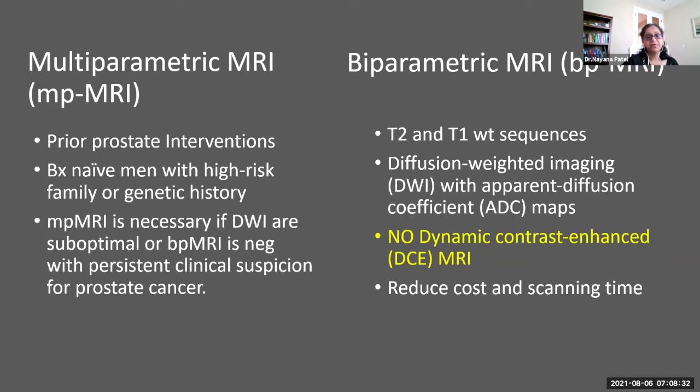Multiparametric MRI is also necessary if we do a biparametric MRI that turns out to be a negative exam, or the diffusion weighted images of the biparametric MRI are suboptimal, then multiparametric MRI is the necessary next step if there is persistent clinical suspicion for prostate cancer.